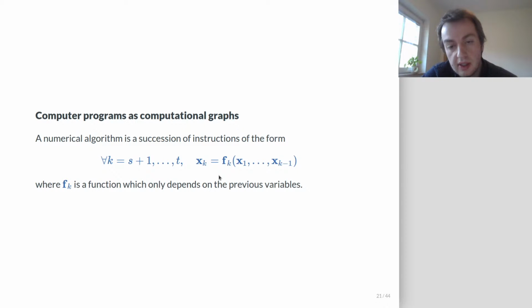At every step, what you do is that you produce a new variable xk, and this variable xk is the output of some instruction fk, taking as input all or a subset of the previous variables, so from x1 to xk minus 1. And then you repeat that, of course, for different functions or operations fk, but otherwise it looks very similar to what we had before, except now we have extended the set of arguments of our fk instructions to more than just the previous variable xk minus 1.